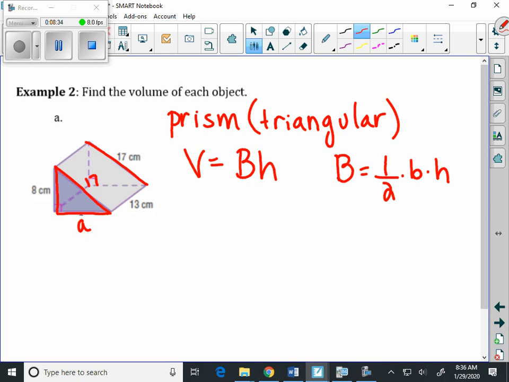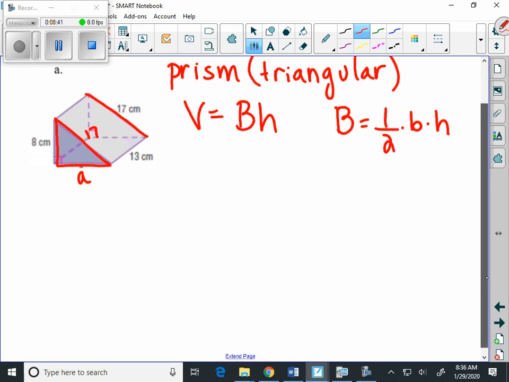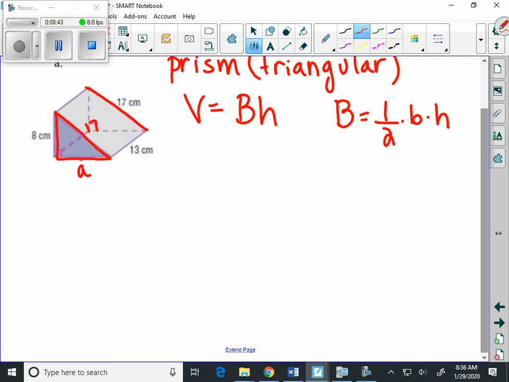Because we eventually are going to have to figure out the area of the triangle, and then we're going to have to multiply it by the height. So that's going to require us to go back and use the Pythagorean theorem yet again. So it's going to be 8 squared plus a squared equals 17 squared.